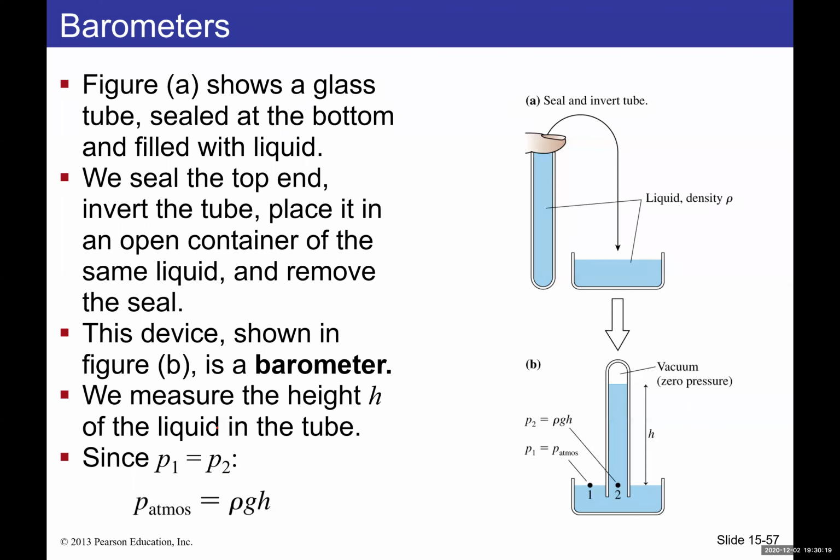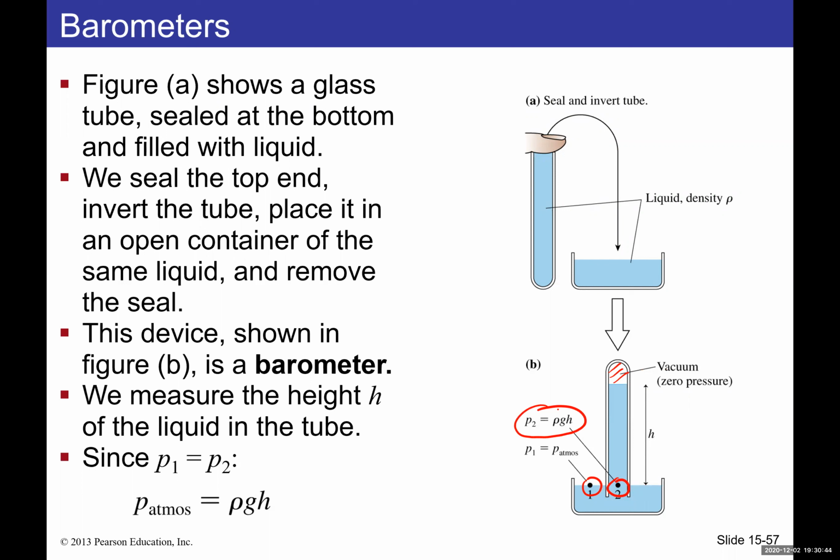This device allows us to measure the pressure at point 2, and we have basically the same pressure at point 1, because inside we end up with pretty much a vacuum, which is basically zero pressure. So we can measure the height of the liquid in the tube and find the pressure at point 1 and point 2.